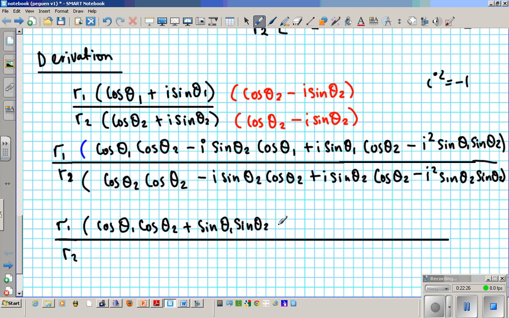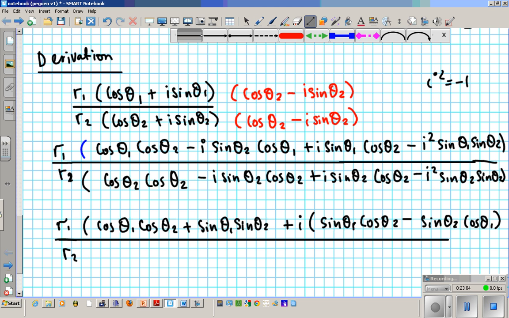Then plus I, and I'm going to write sine theta 1, cosine theta 2 minus sine theta 2, cosine theta 1. The reason there's no I on the second one is because I already factored the two I's out, and then switched the order of these two to become like this.